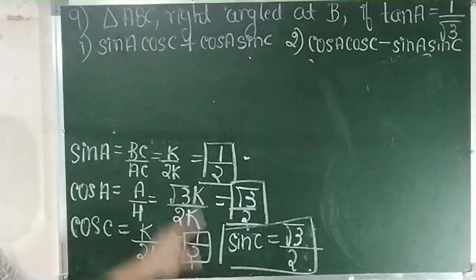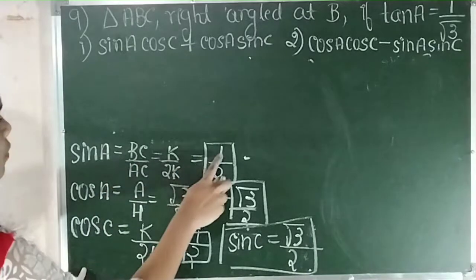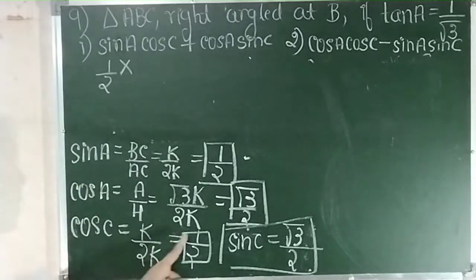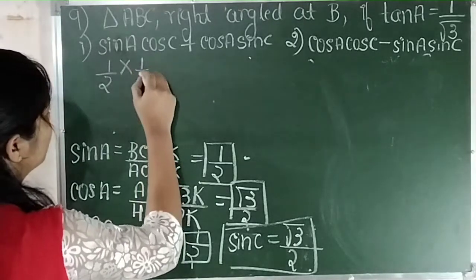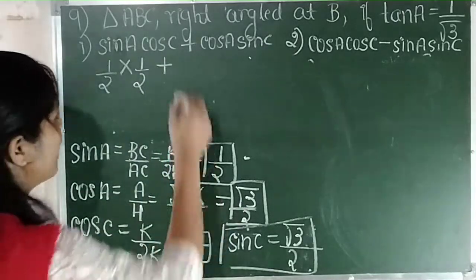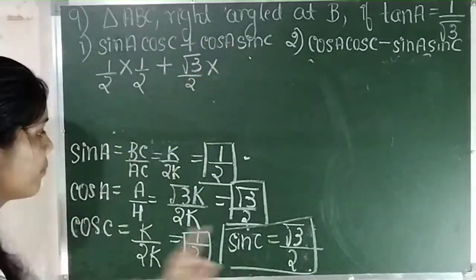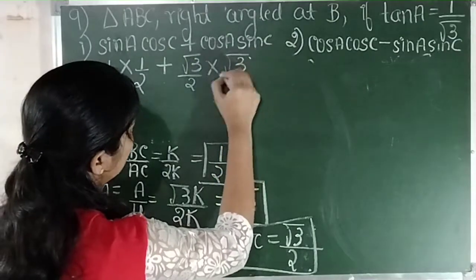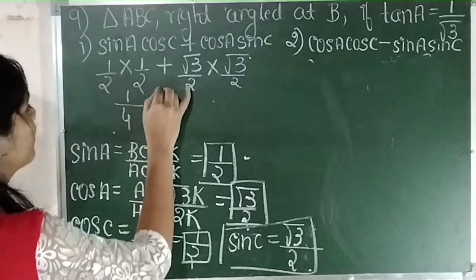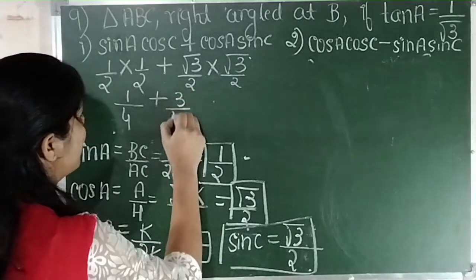Now substitute these values here. Sin A is nothing but 1 by 2 into cos C is 1 by 2 plus cos A is root 3 by 2 into sin C is root 3 by 2. 1 by 2 into 1 by 2 is 1 by 4 plus root 3 into root 3 is 3, so 3 by 4.